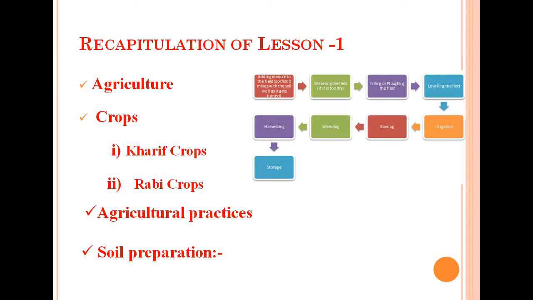There are at least 5 steps in the agricultural practices: the first is soil preparation, second selection and sowing of seeds, third irrigation, fourth weeding, and the fifth harvesting and storage.